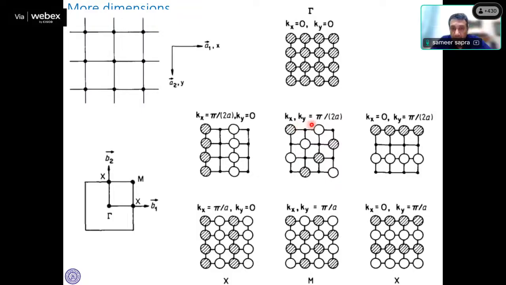So pi by 2a, kx and ky, so that's your m point, and pi by a is your m point, and pi by 2a is somewhere over there. Okay, so you know this fellow and this fellow are kind of related by symmetry. This and this are related by symmetry. So because it's a square lattice, we've taken it for simplicity.